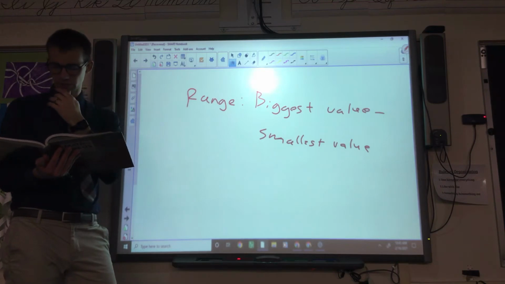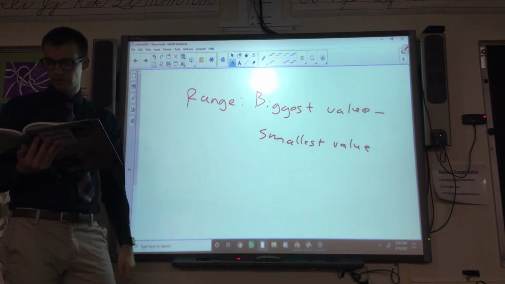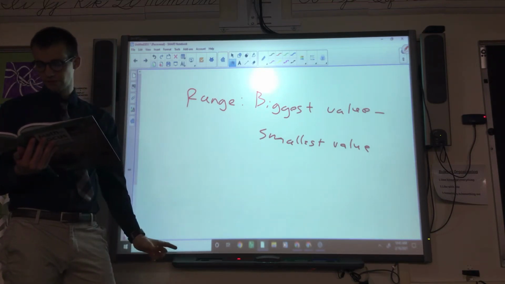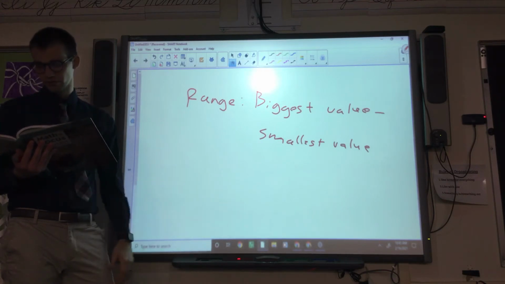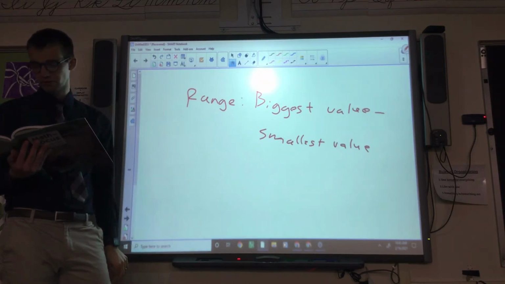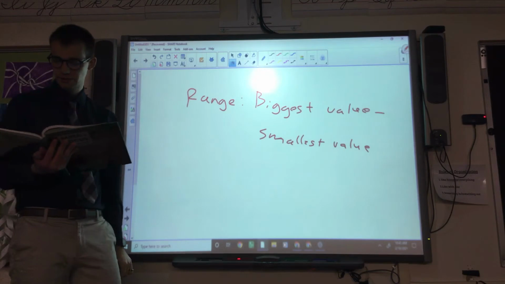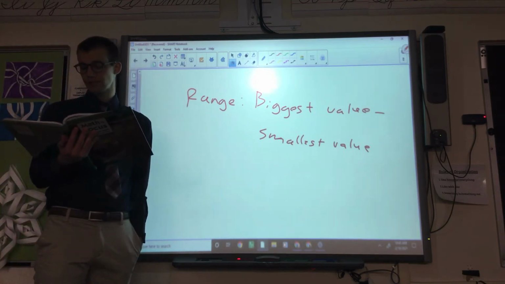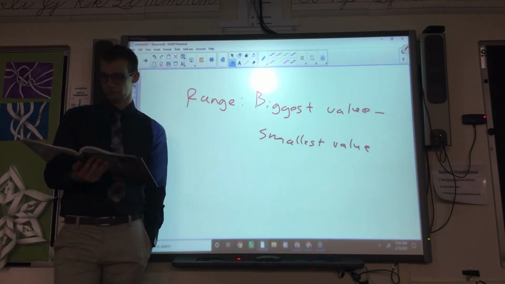Bottom of page 183 says find the range of each set of data. These are the history test scores: 68, 73, 64, 70, 86, 54, 66, 89, 82, and 60. What's the highest data value in there?